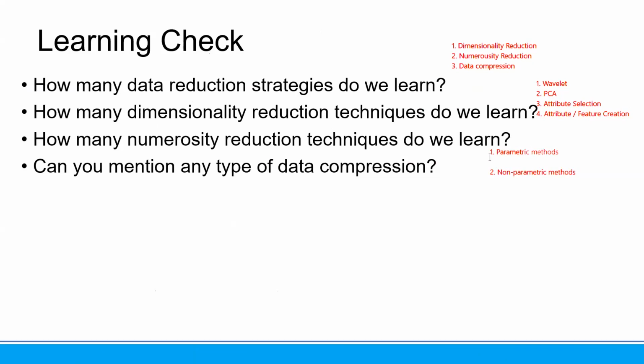In the parametric methods, we learn about regression analysis. So we assume we have the model, and then we can reduce the data based on this regression analysis. Maybe some of the data within the line, we can choose it. Or the non-parametric methods, where we use the histogram.